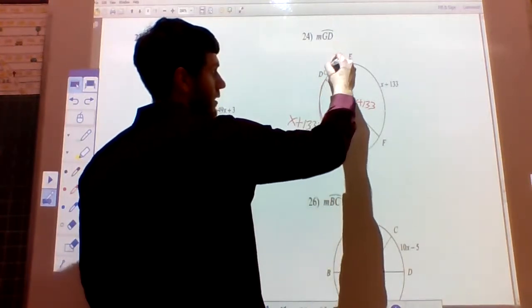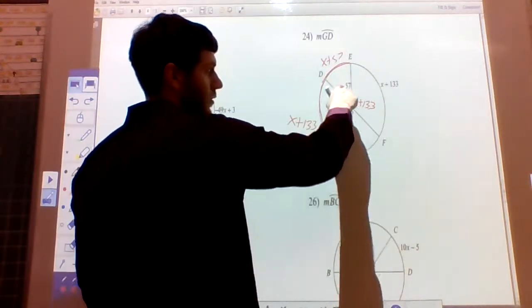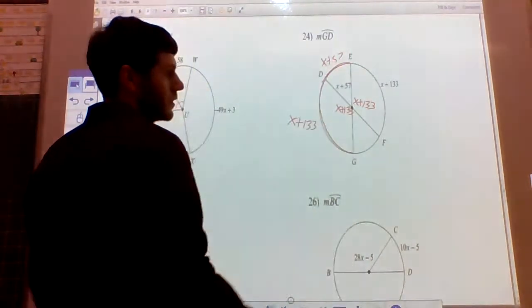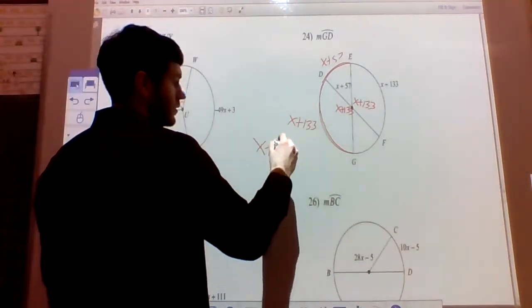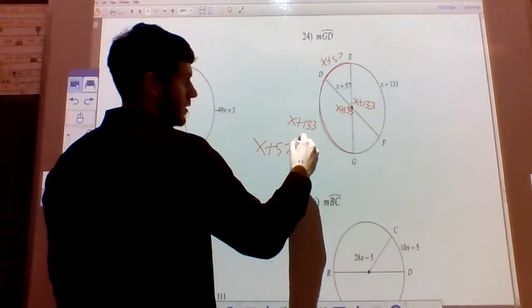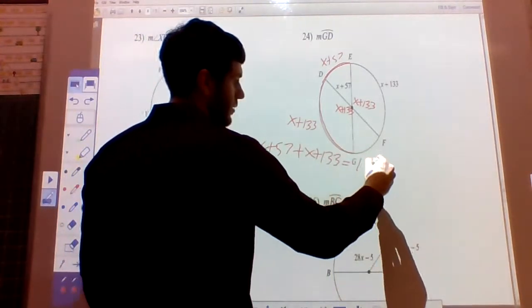We know this arc is x plus 57. So either if we look at the angles or the arcs, they're going to add up to 180. So x plus 57 plus x plus 133 is going to equal 180 degrees.